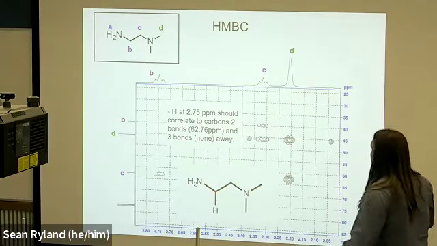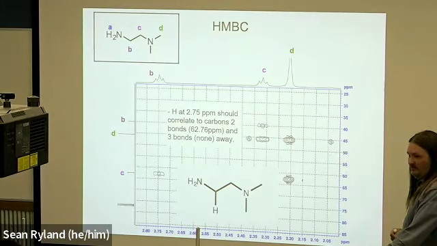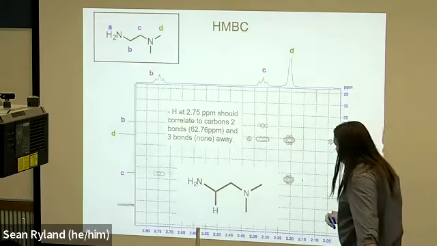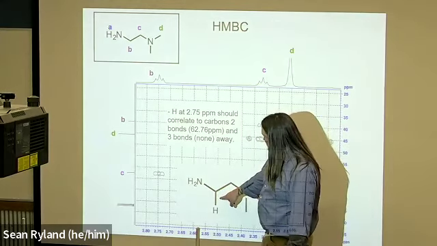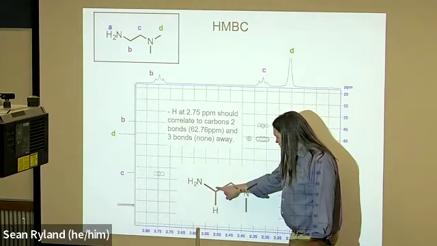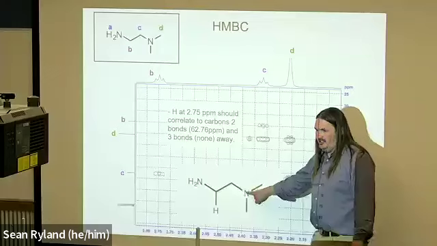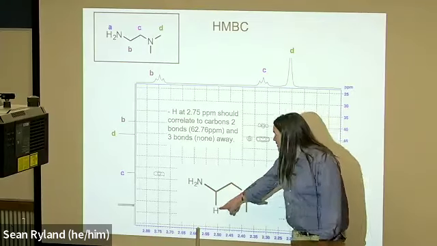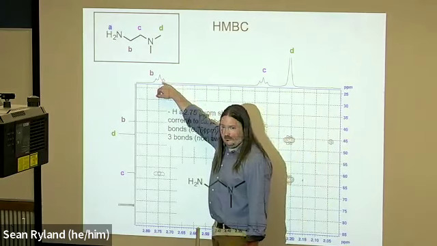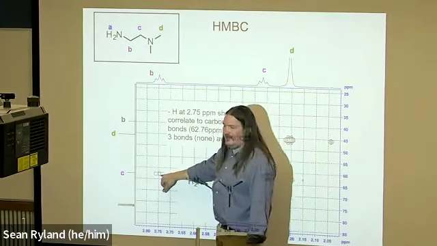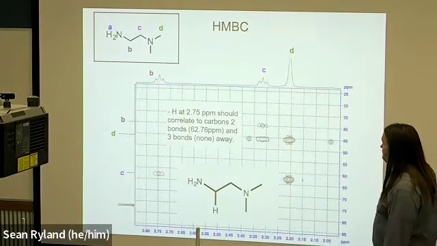When we get our molecule with less symmetry, things are going to start looking messier again. So for hydrogen B, you can get to one bond, two bonds. So there's one, but then it's a nitrogen, so there should only be one signal in the proton signal column. Look straight down, and it's correlated to C, but nothing else.